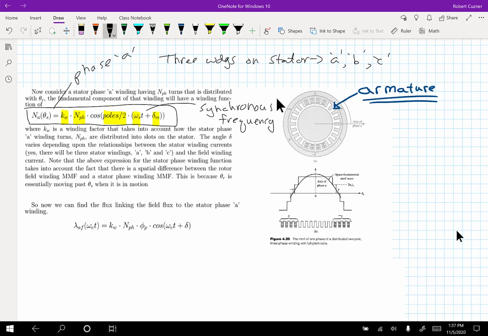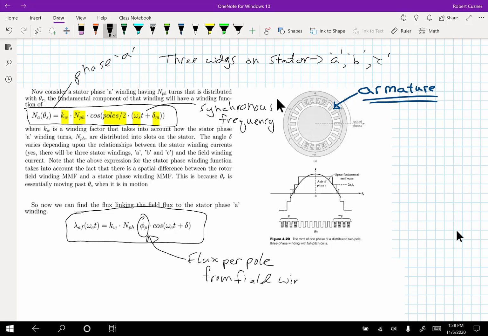And if I want to come up with a flux linkage that is linking the flux per pole that was associated with the field winding, I simply multiply that flux times this winding function.